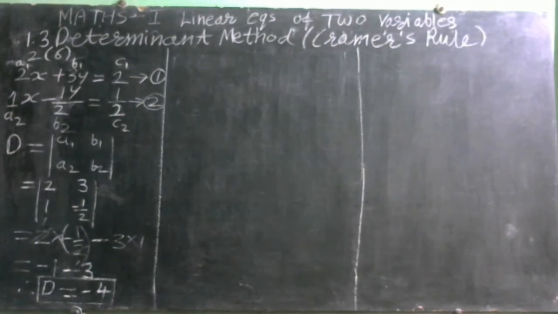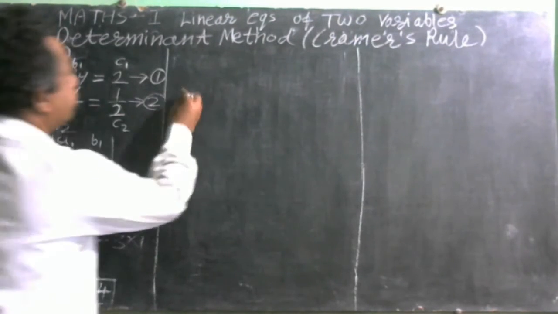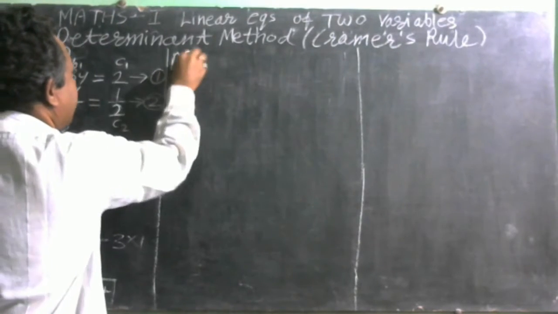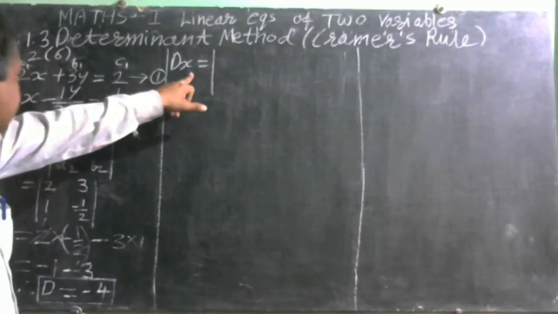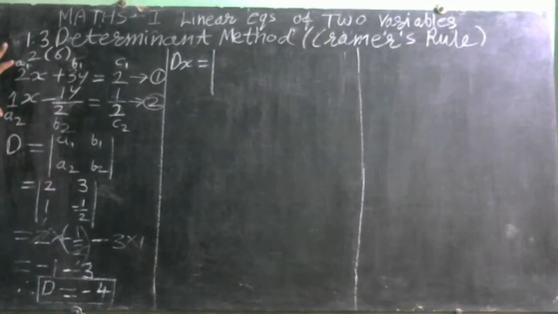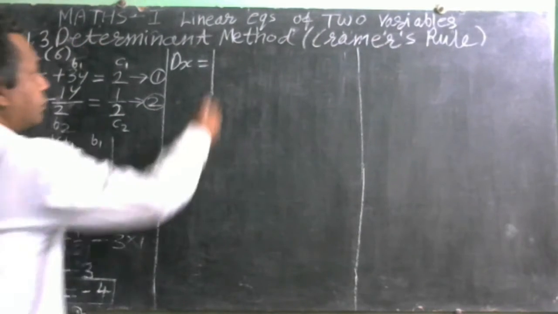Okay. Now we have to find the value of Dx. Dx equal to, now as we have to find Dx, we have to eliminate the coefficient of x. That means in place of a1, a2, we have to write c1, c2.